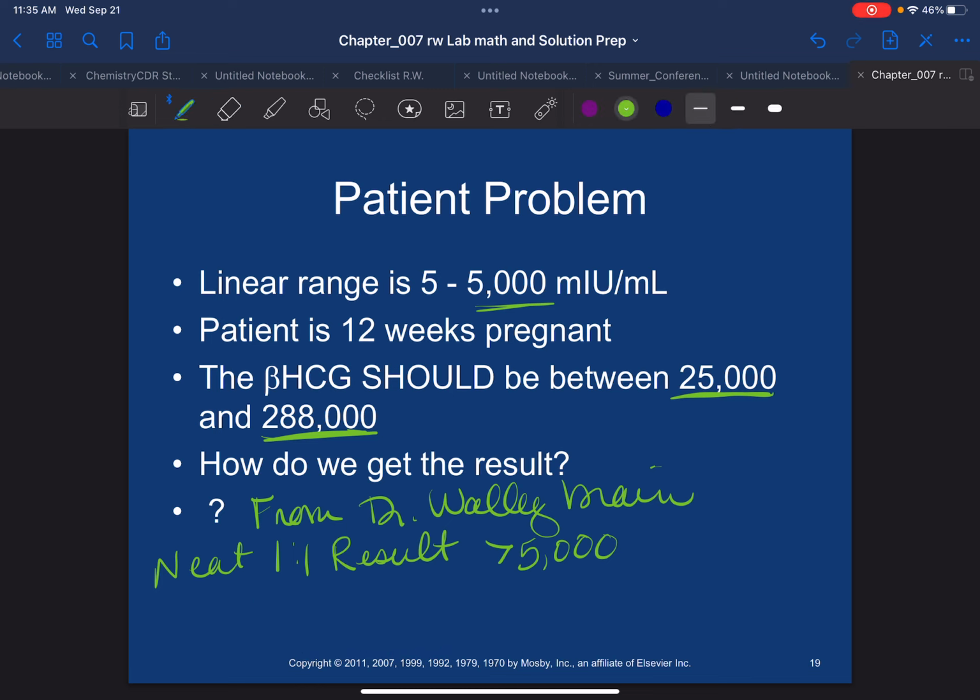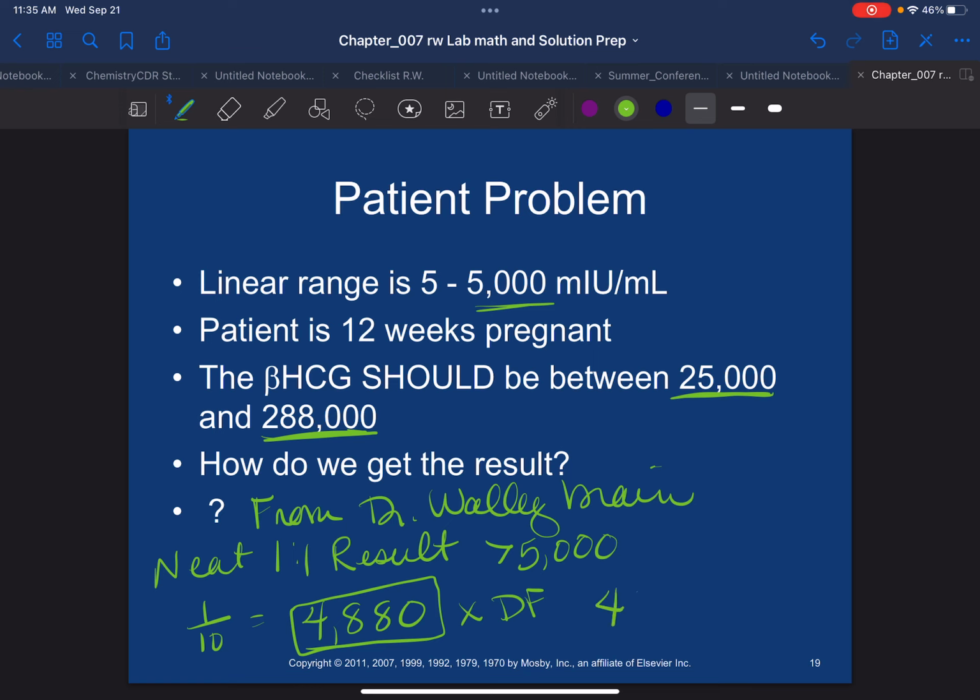And we ran our sample. This time, our 1 to 10 sample was 4,880. Now, is that the result that we would turn out to the physician? No, we have to multiply it times the dilution factor, which in this case is 10.